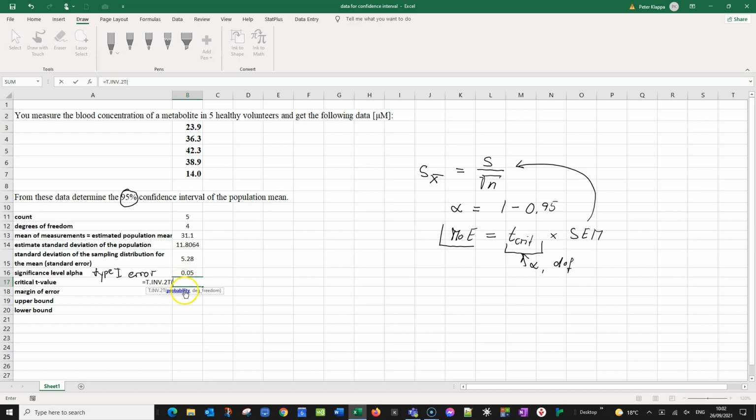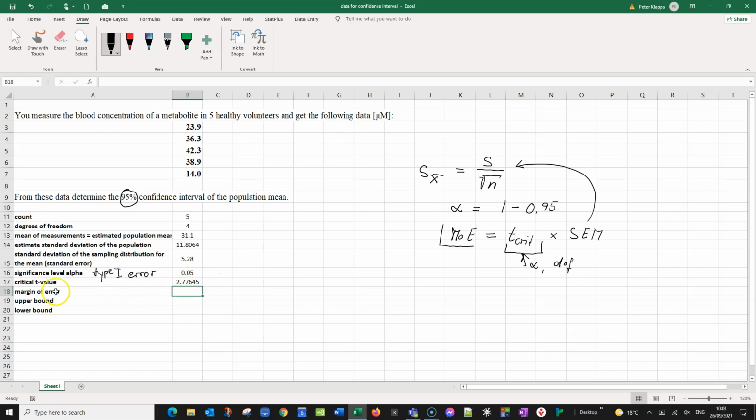Now we need the probability, and here the probability is the probability of making a type 1 error. So that is this one here. And we need our degrees of freedom. That is this one here. So we get a critical t-value here of 2.78 rounded.